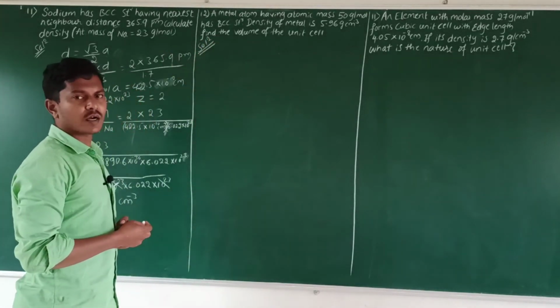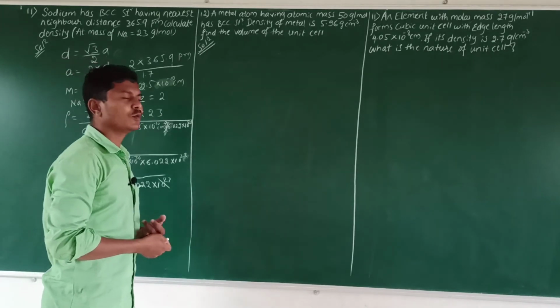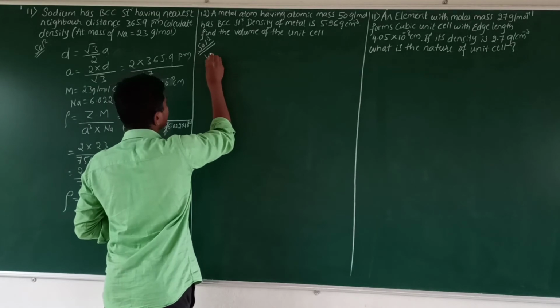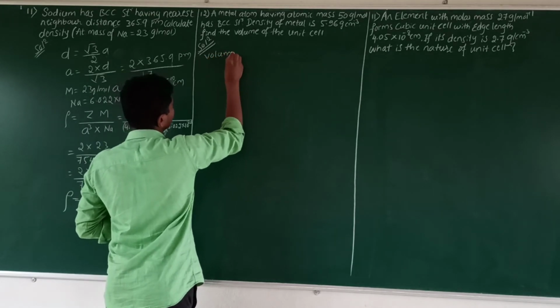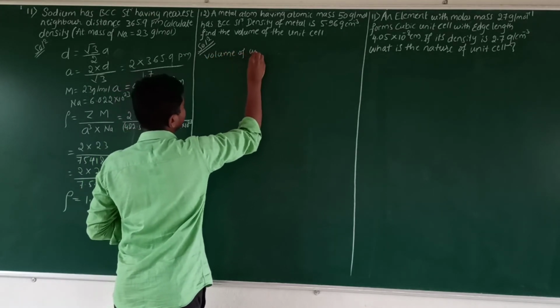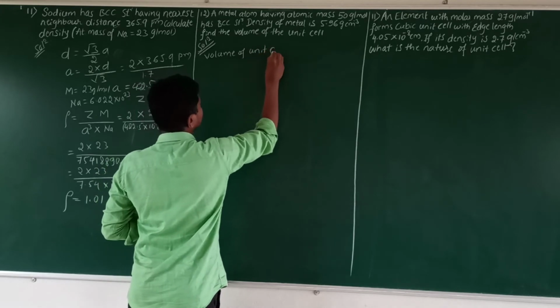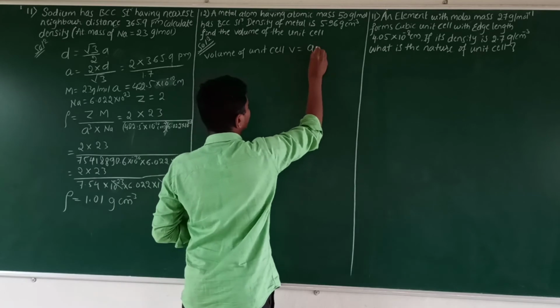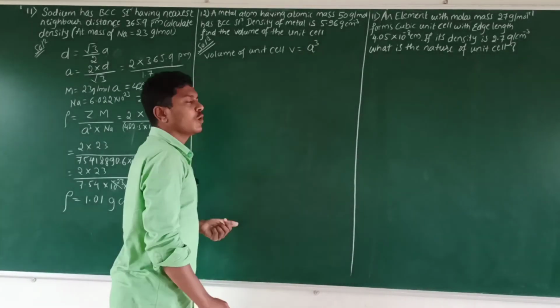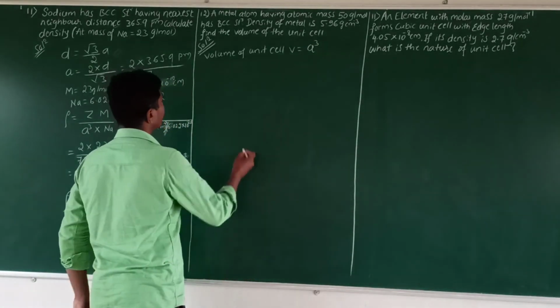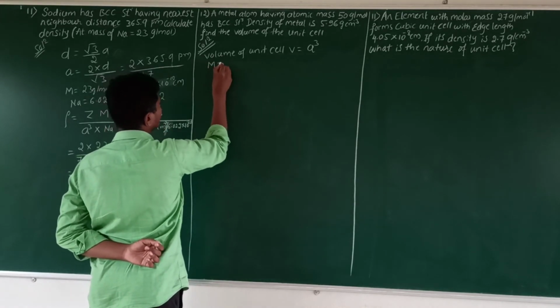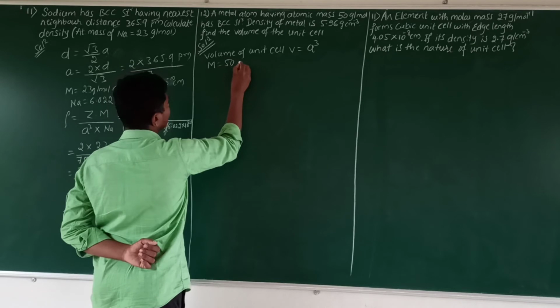What is the formula of volume of unit cell? V is equal to A cube. A cube is the volume of the unit cell. They have already given all things, that is M, the mass of atom, is equal to 50 gram per mole.